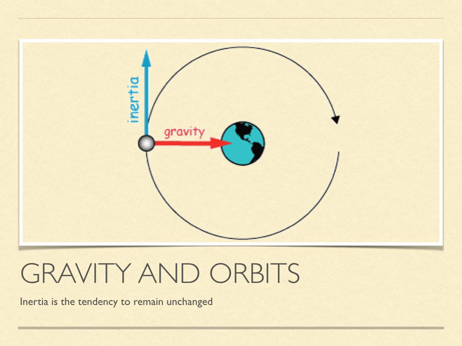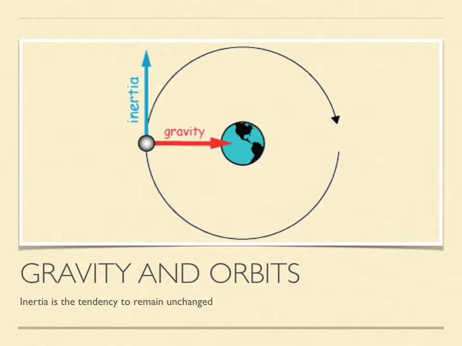You remember back from when you were studying Newton's laws, that one of Newton's laws is that an object in motion remains in motion unless it's acted upon by another force. Another way of saying that is it's the tendency to remain unchanged. Things don't like to change their direction. They don't want to speed up. They don't want to slow down. Left to their own, they would stay the same.